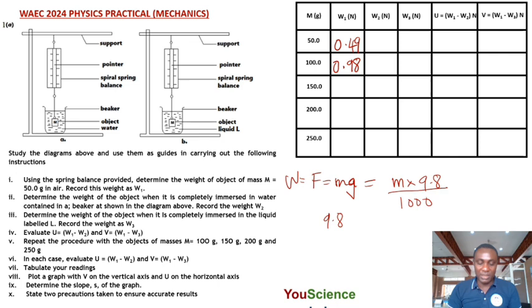Next, 150 times 9.8 divided by 1000 gives me 1.47. Then the next one is 200 times 9.8 divided by 1000, which gives me 1.96.